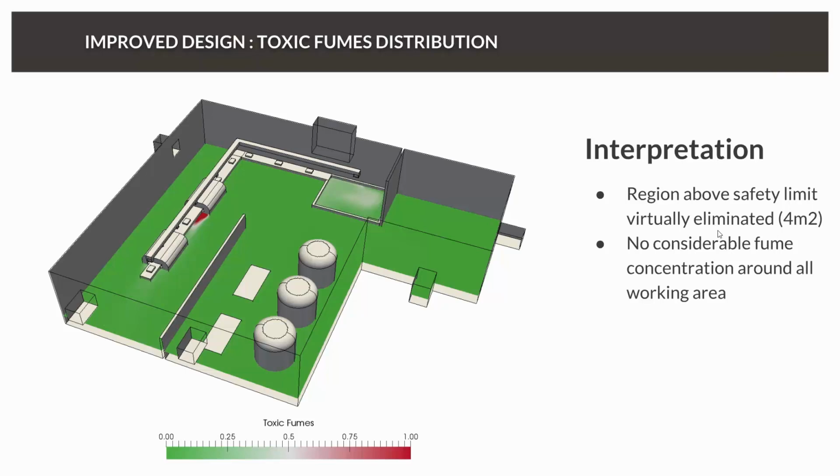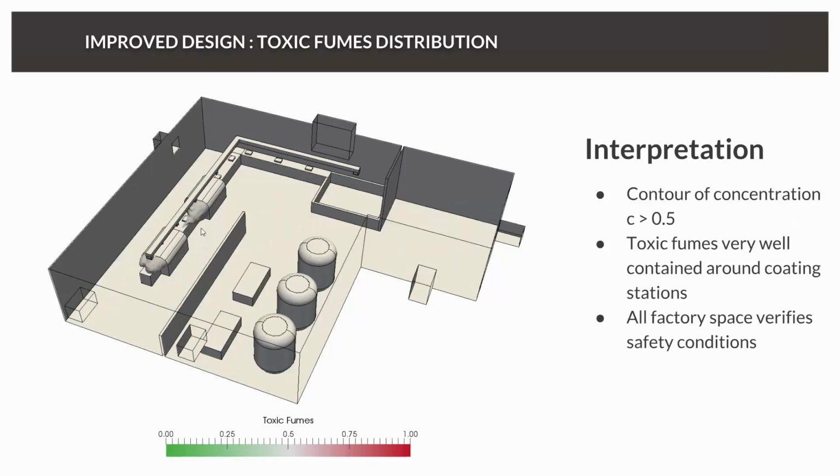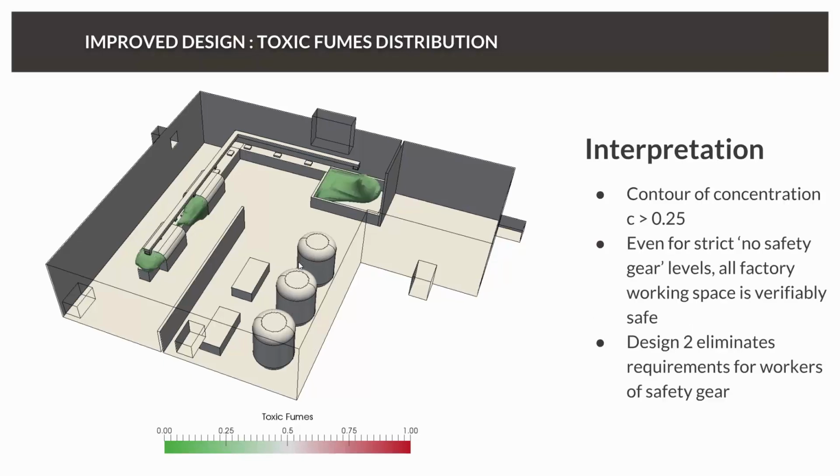And the great thing is that now only 4 square meters is impacted by a high concentration. You can see T and T. These are the only regions, the only contours where the concentration is too high. And now all factory space verifies the safety condition, which means it can be operated that way without the need for any additional security equipment.